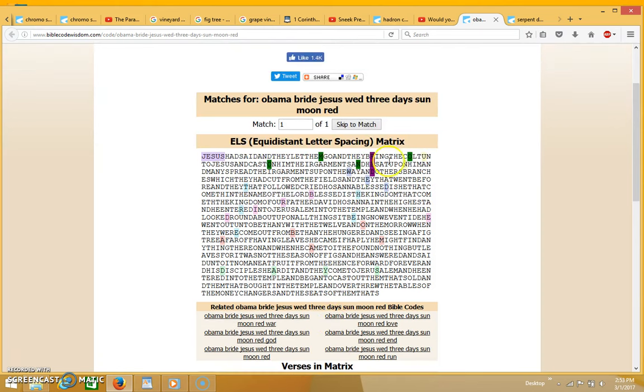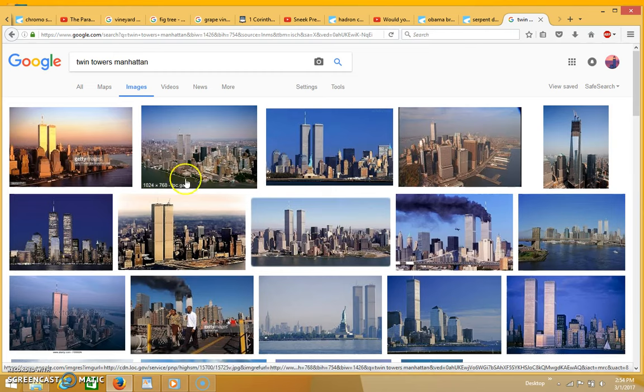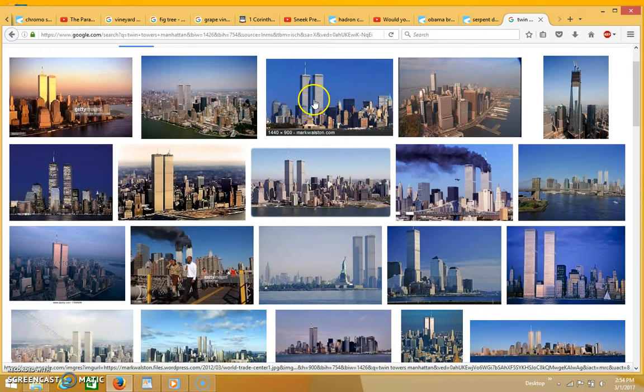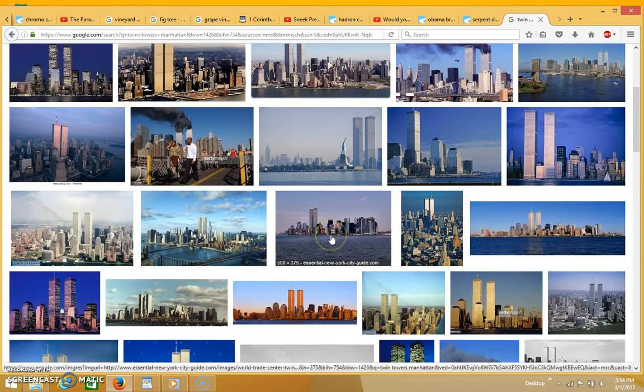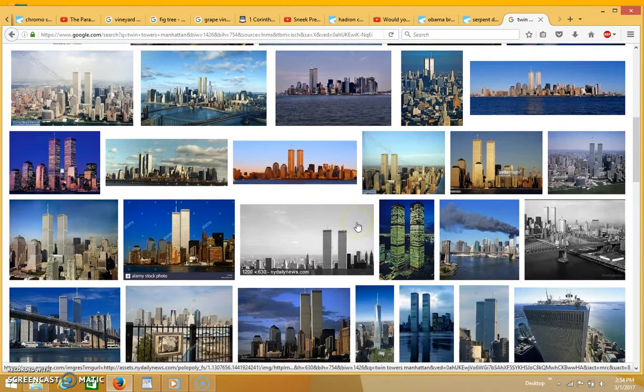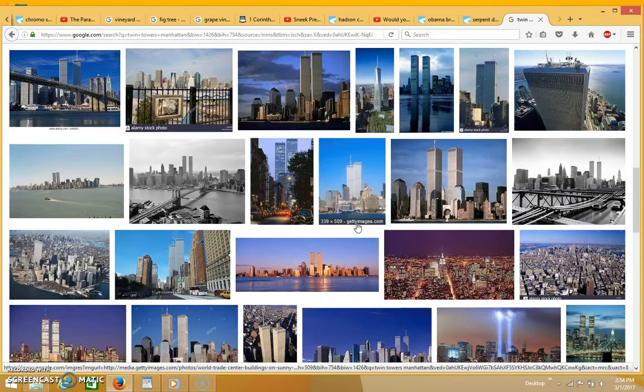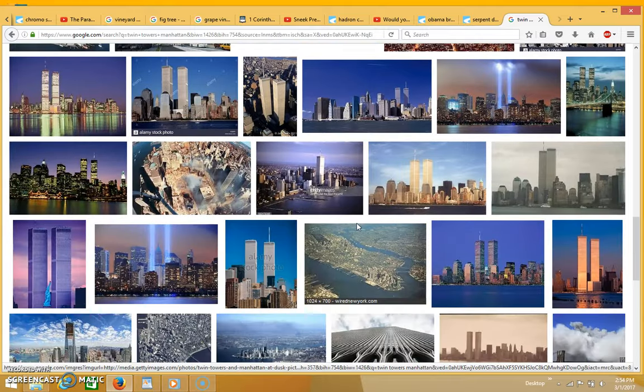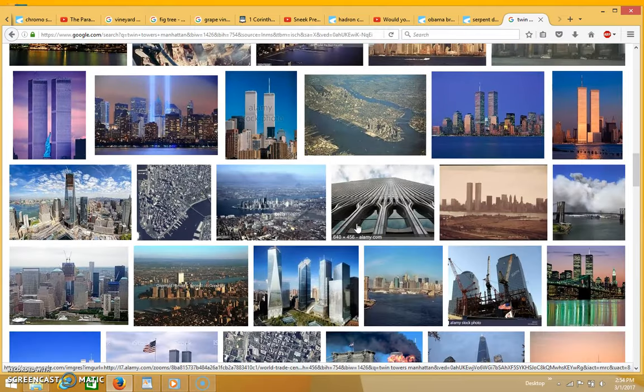The imagery is that of the DNA, and this is the same imagery that Satan uses as well. As you can tell from these images right here, the twin towers represent the two DNA strands, and the One World Freedom Tower represents the two DNA strands joined together.